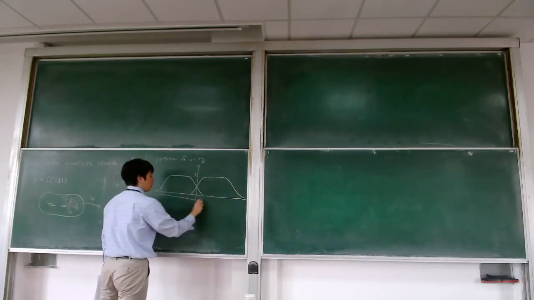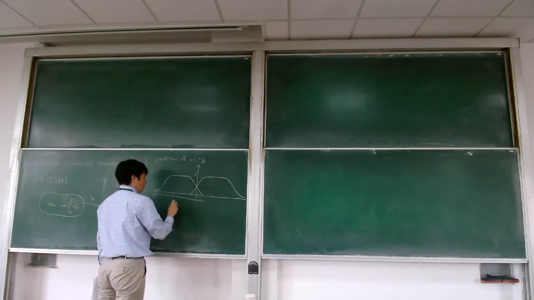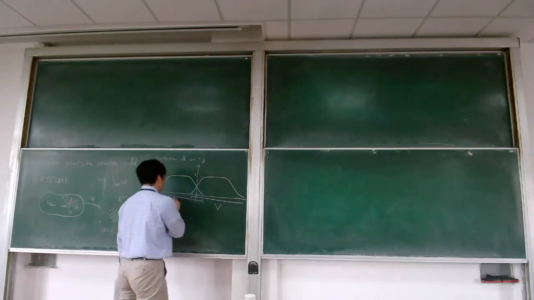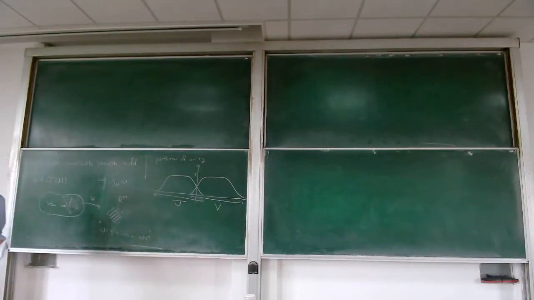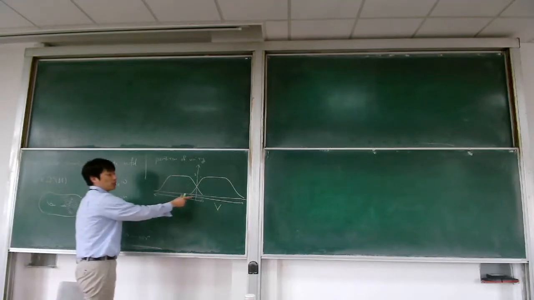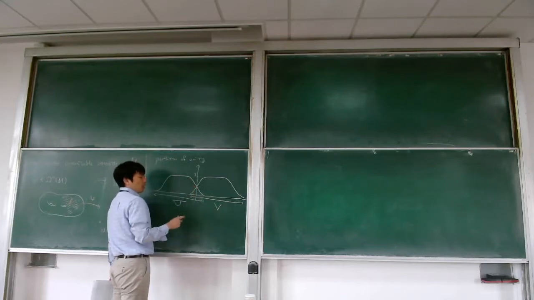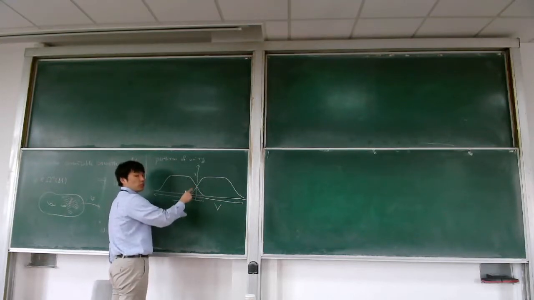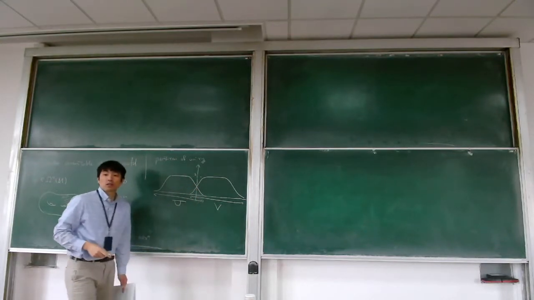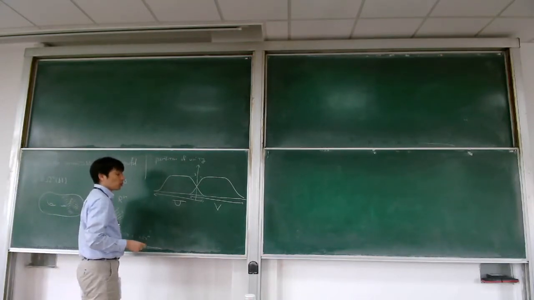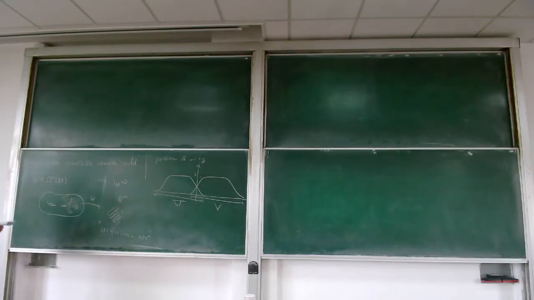So here you have U, and the other part is V. So at the intersection, if you add the two functions together, you get 1. So that's a partition of unity, and also we need the so-called locally finite open cover.